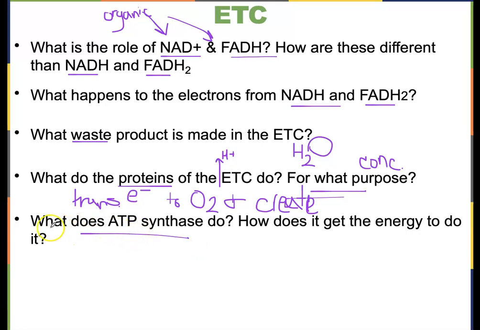So what does ATP synthase do? Simply, it makes ATP. It attaches a phosphate to our ADP, and then we can make our ATP. How does it get the energy to do that? From the diffusion gradient, the diffusion of our hydrogen ions.